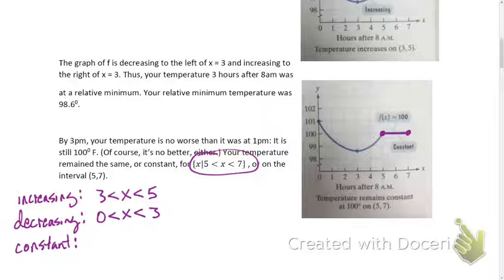Some people ask about or equals because I do see solid dots on there. Let me erase my purple line. So I do see solid dots, meaning it does equal a value there.